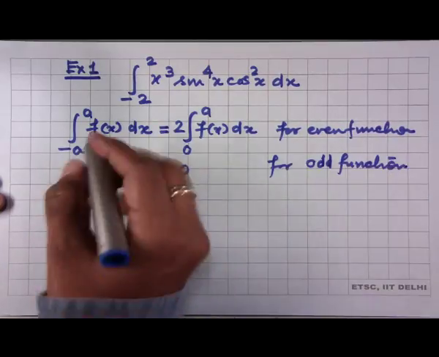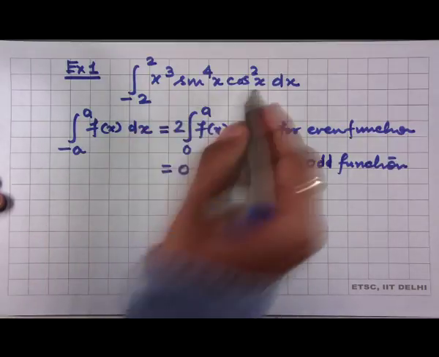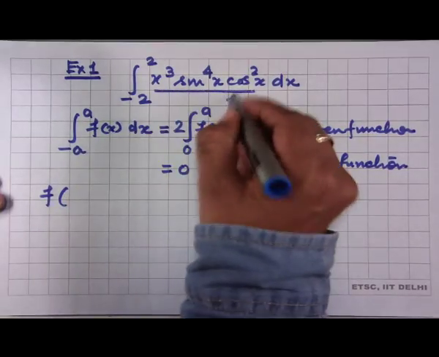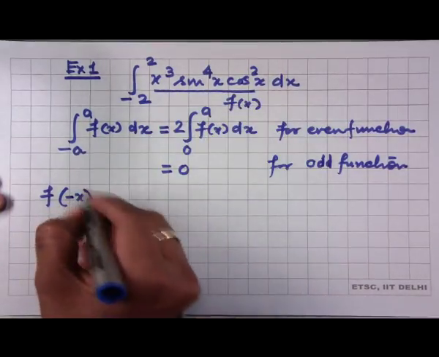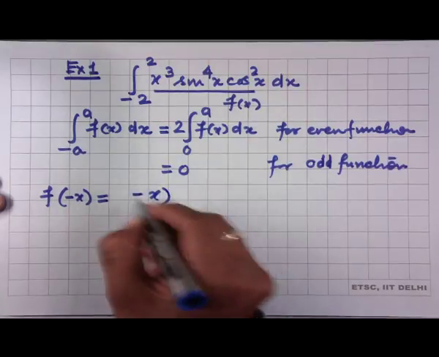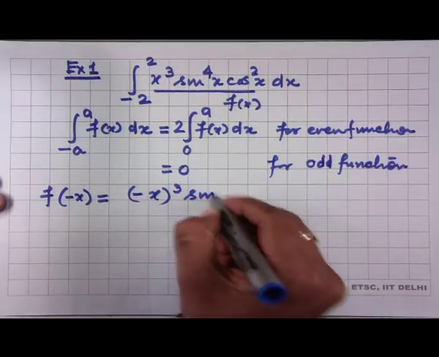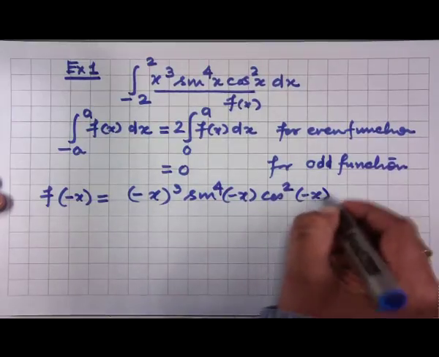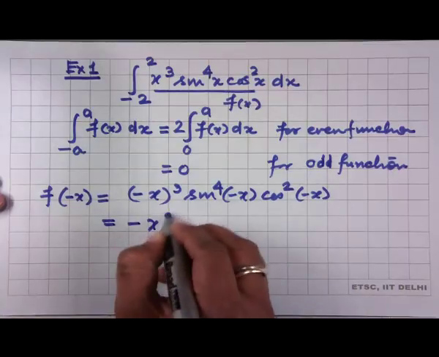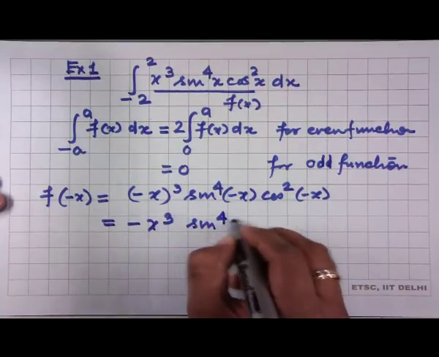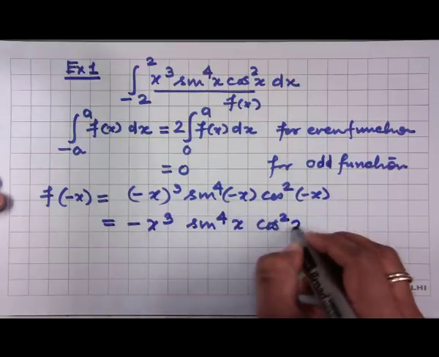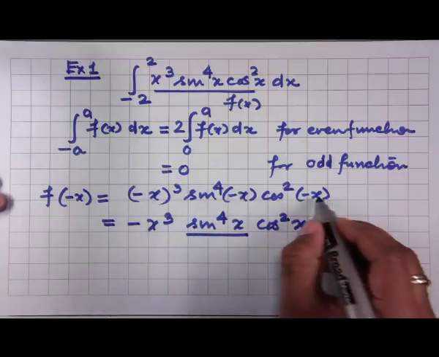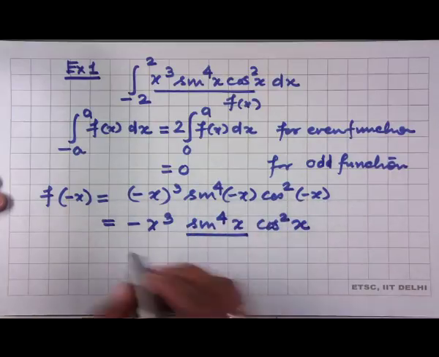So we must first try to find out whether this integrand is odd or even. If f(x) is this integrand, let us check whether it is odd or even. Here we will get a plus sign because it is an even power, and cos of minus x is cos x.